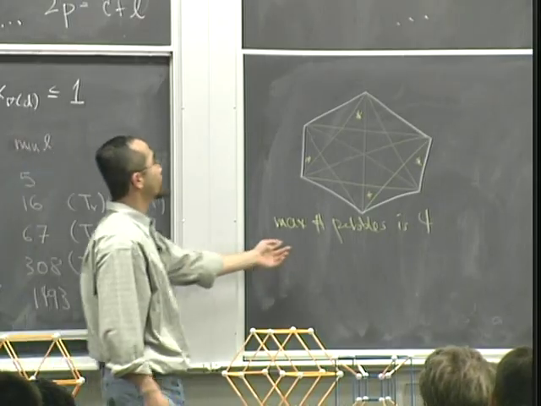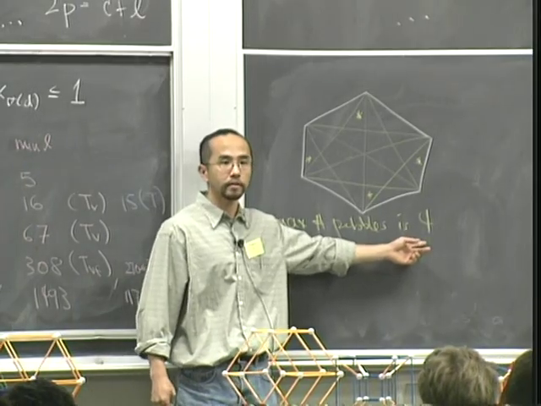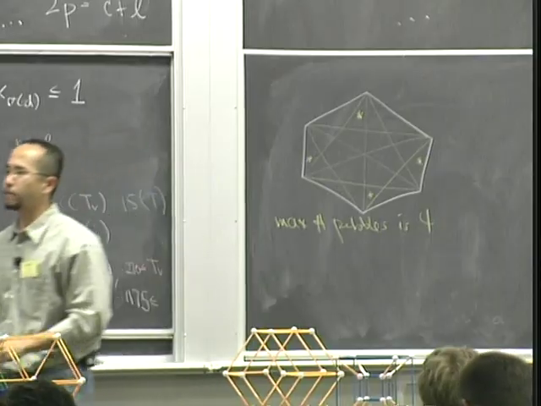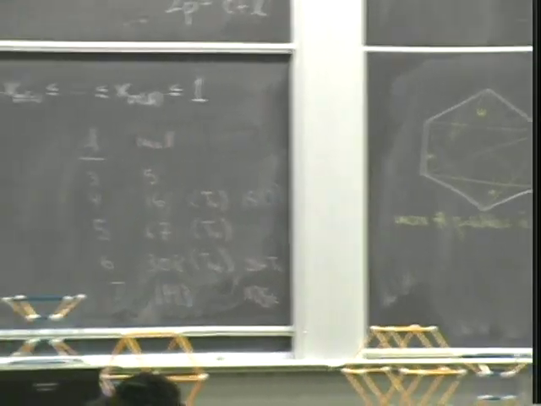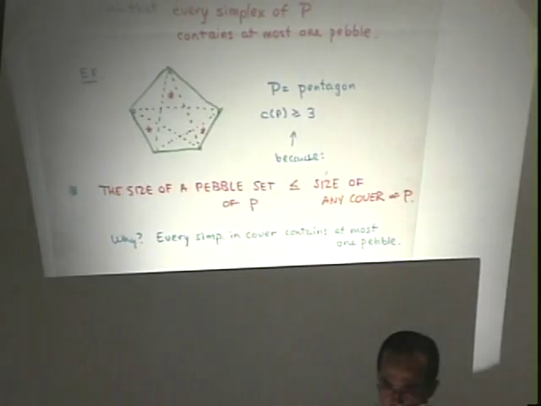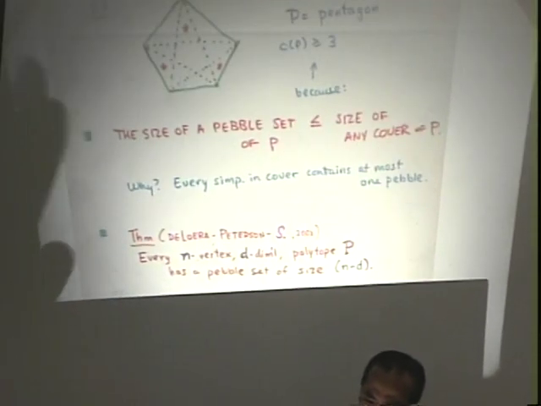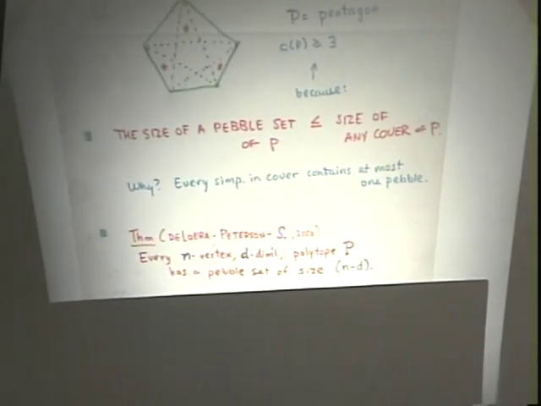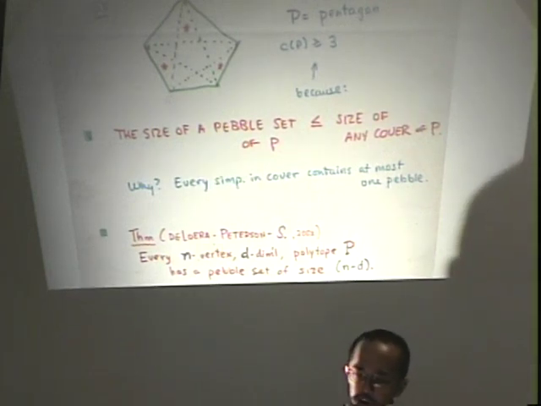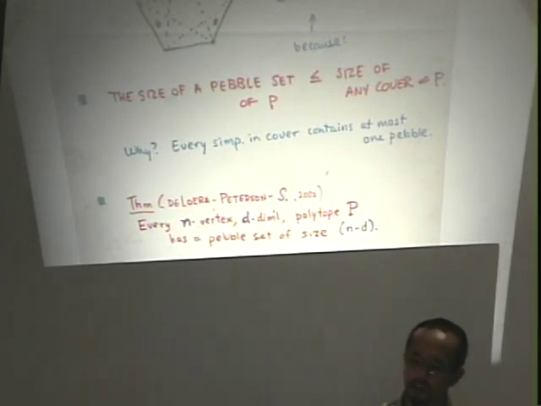In fact, it gives you a lower bound for the minimal cover as well, because we didn't use anything about overlaps. Okay, so this is a nice way to get lower bounds, and I just explained why. And what I showed in a paper with Jesus and another Harvey Mudd undergraduate is that for an arbitrary polytope, you can get an arbitrary bound in terms of the number of vertices and the dimension.